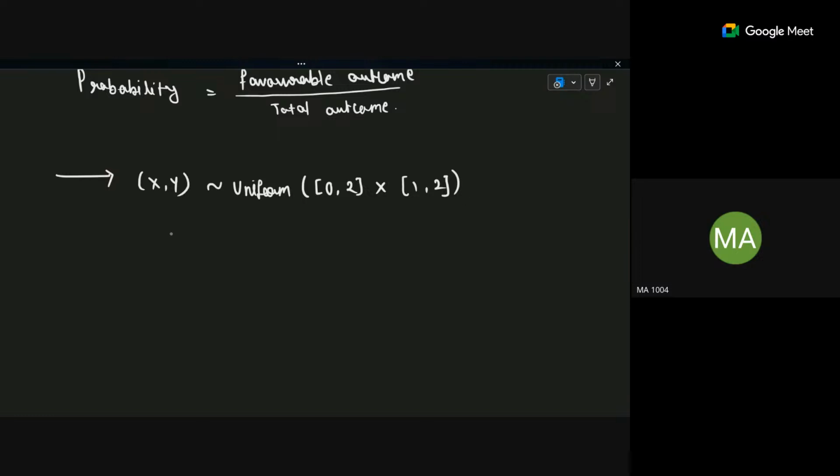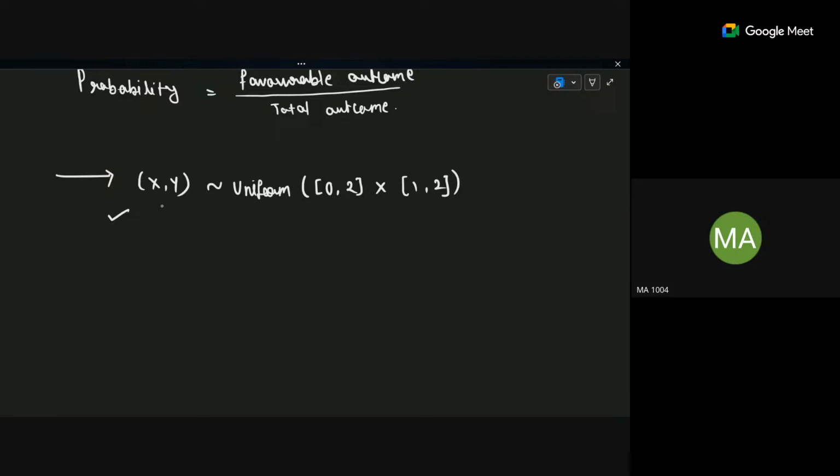Any idea? One hint here: first we will calculate the area of the favorable region and divide it by the total area of the region.